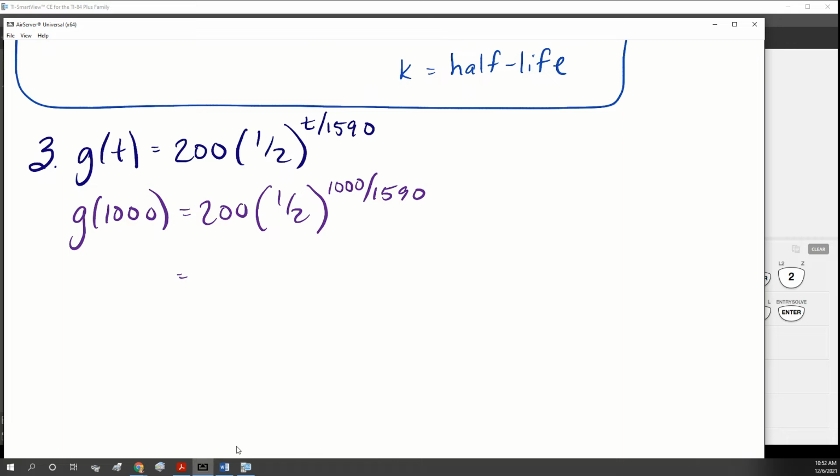To get the exponent, you use this little caret, which is above the division. We are running a little low on time, so you can try to do that real quick. But when I did it earlier, I got 129.33 milligrams. Still a whole lot left after 1,000 years.